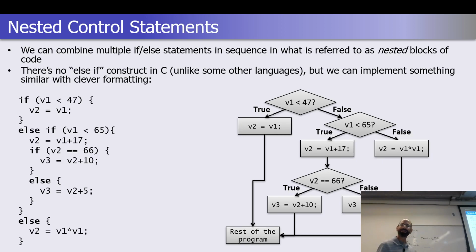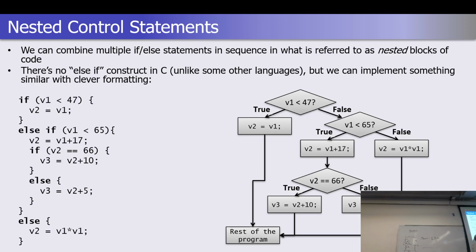And to be honest, the formatting works well enough that you really don't have to think about this after the first time you've tried and implemented it. You have your if statement, and then there's an else associated with that if, right? The false side of the branch that we're taking here. And you can use the fact that you can have a one-line body of your if statement, like we talked about, that does not require any curly braces, to then implement a whole other if statement inside that else block.